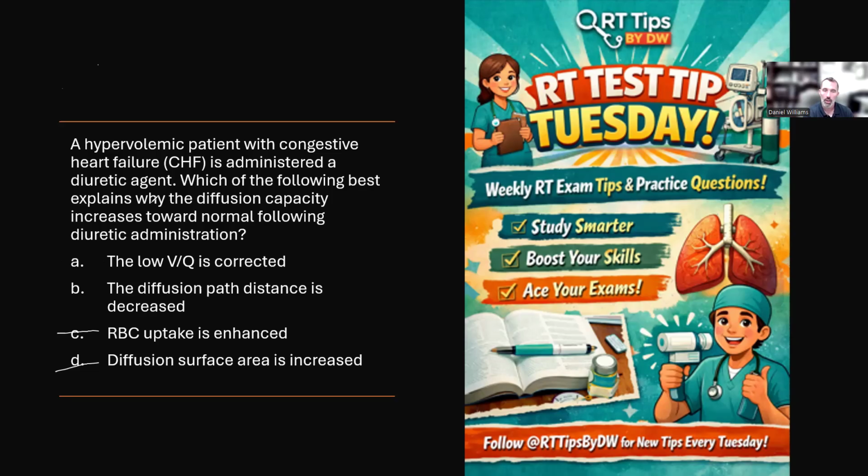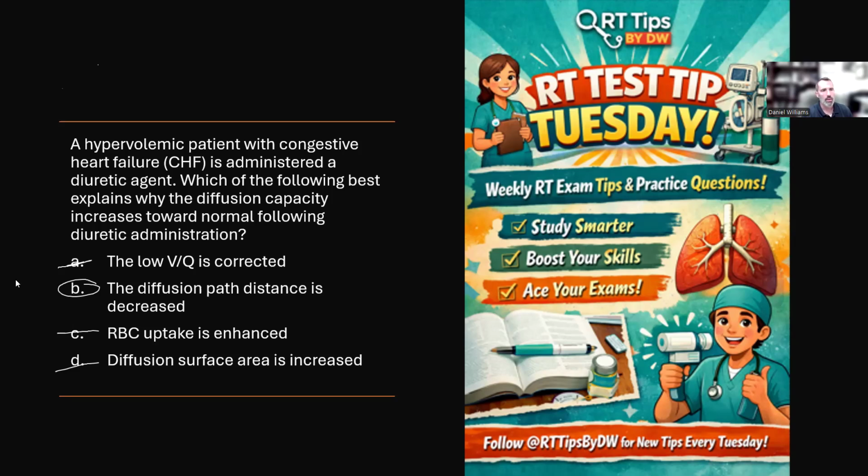Because the question asks specifically about the diuretic administration and the diffusion capacity increasing, while the low VQ should be improved after we do that, that's not the reason for the improvement in the diffusion. The improvement in the diffusion capacity is going to be that diffusion path length is decreased because of the removal of that excess fluid. So B would be the correct answer for that question.